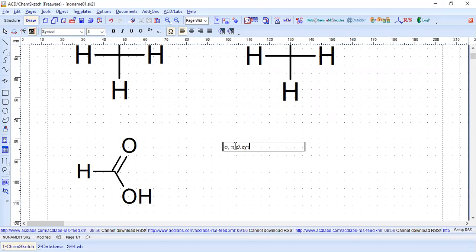This type, we are having two types of electrons in these molecules.